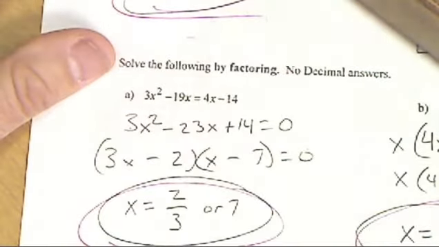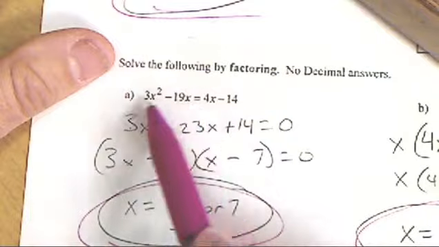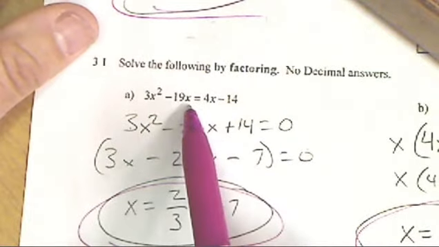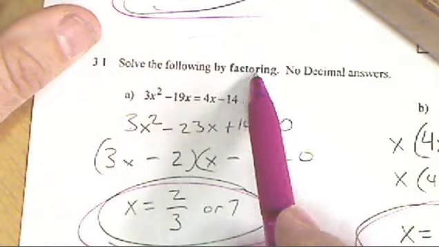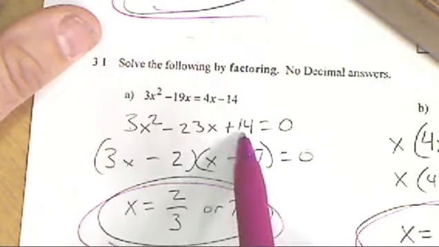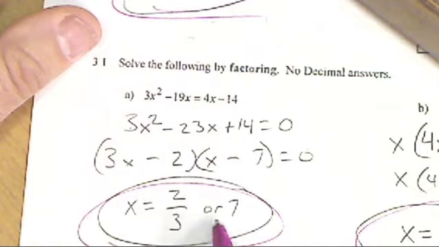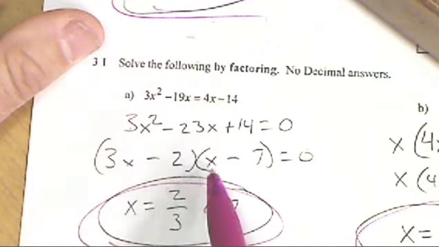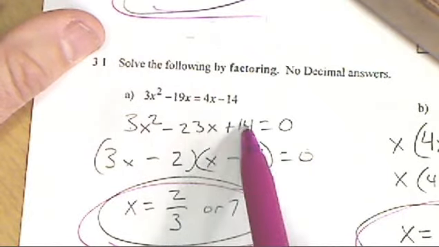And then, since there's an x squared and an x, you're going to either factor or use quadratic formula, but I'm telling you to use factoring. So get it equal to 0. And then 3x squared, so I have to have 3x and x. And then 14, two numbers that multiply together to be 14.